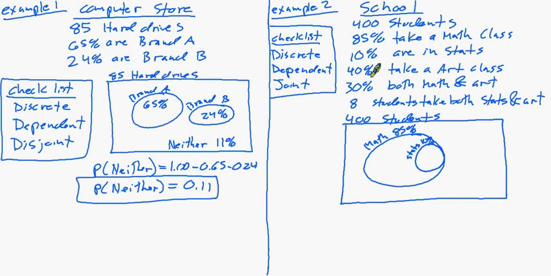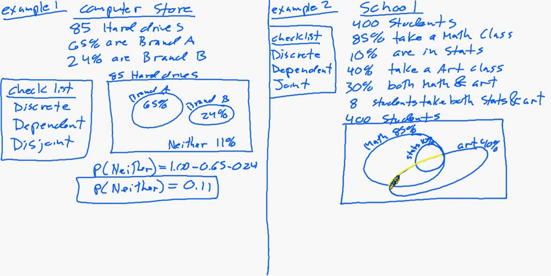Now, we have this 40% take art class, and there's a lot of overlap. A lot of the art students also take math. And we know that some of the art students that take math are also in stats. So maybe we could draw something like this. That looks pretty good, right? We know that 40% take art. Let's get some colors going on here.